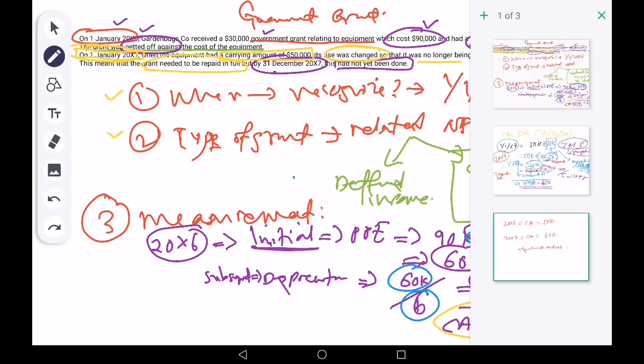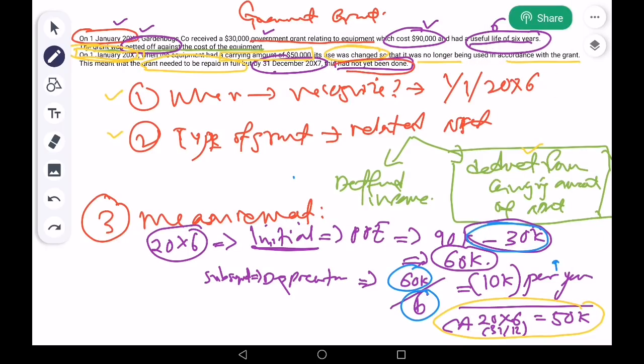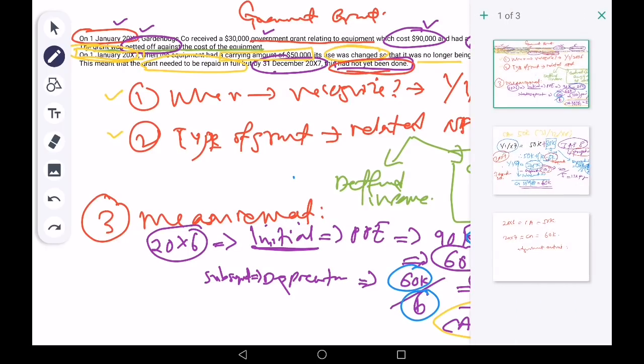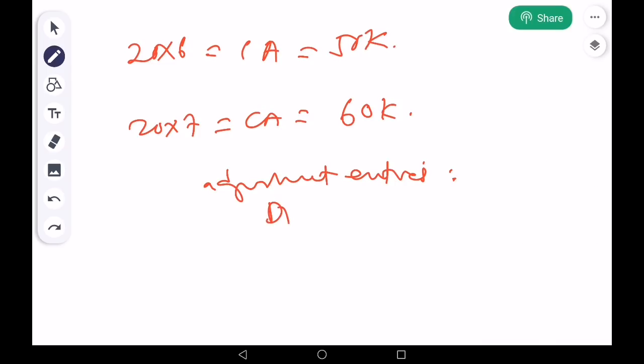Back to the question, it had not yet been done, you see. So class, your journal entries will be: Debit PPE will be only 10k, because currently the carrying amount previously is 50, now the carrying amount is 60, and you know it's only increased 10k. Debit PPE 10k.